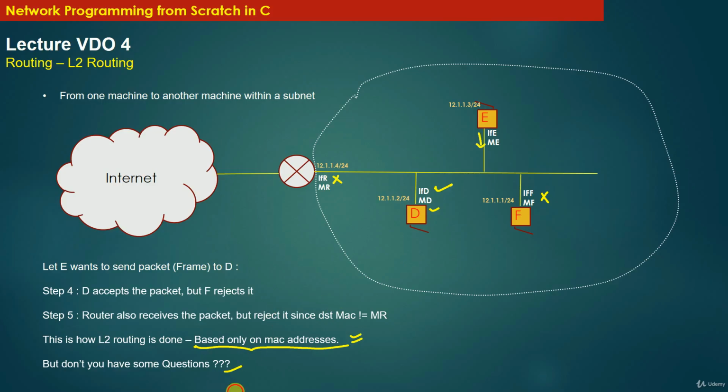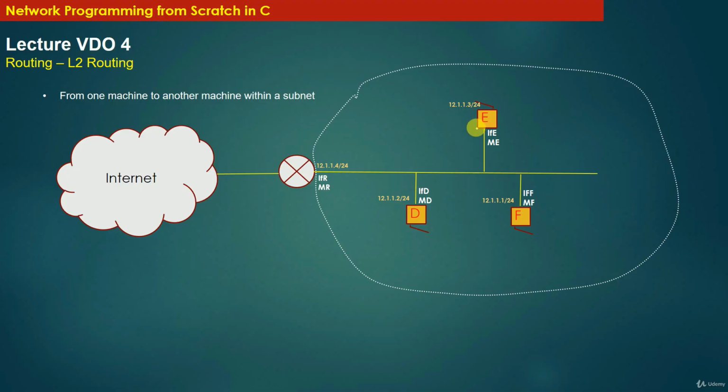Of course, you must have several questions. Let us pick up some doubts that may be crossing your mind. When machine E wants to communicate with machine D, all that machine E knows is that it wants to communicate with 12.1.1.2.